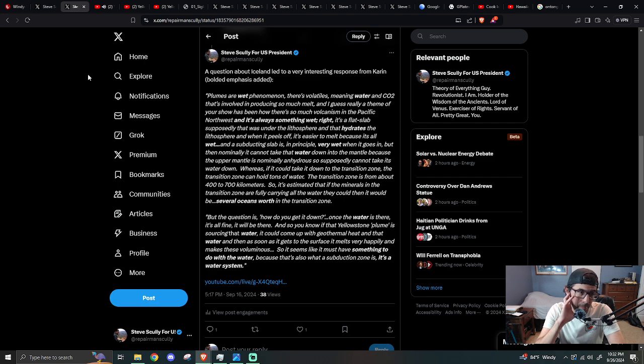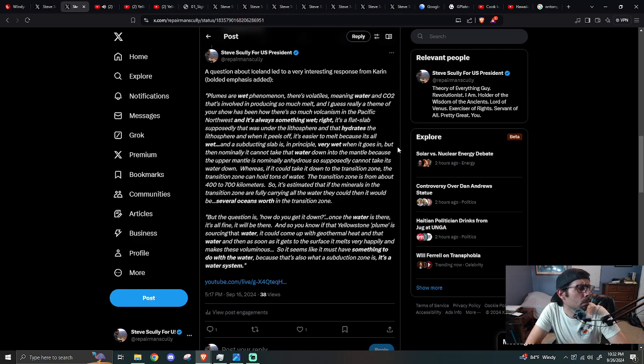So the Yellowstone, and the subduction: a subducting slab in principle is very wet when it goes in. But then nominally it cannot take that water down into the mantle because the upper mantle is nominally anhydrous, so supposedly it cannot take its water down.